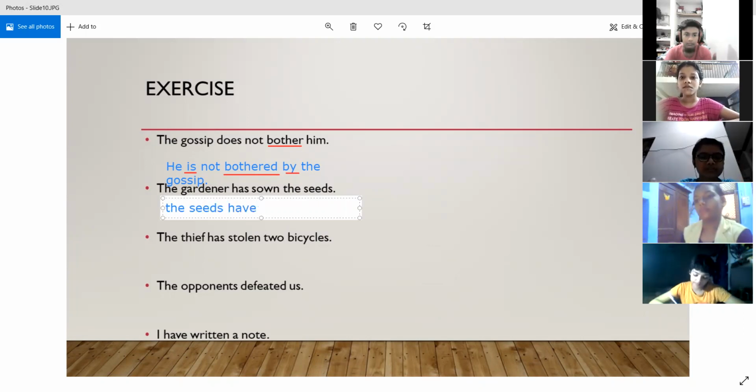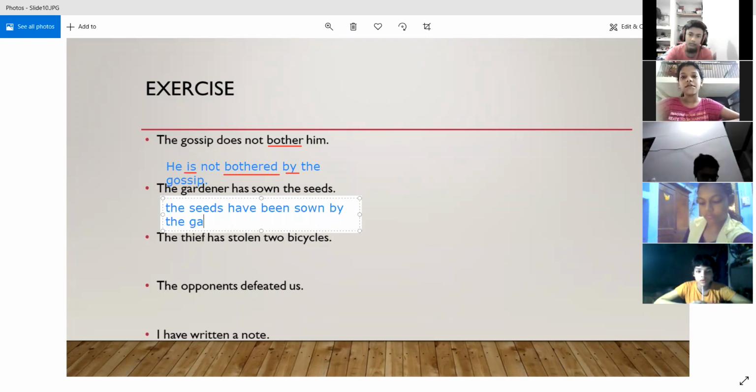And for the perfect tenses, we use been, right? So the seeds have been sown. And sown is the third form of the verb sow, right? So that is why we are keeping it to sown only, because it is already present in the third form of the verb. So the seeds have been sown by the gardener.